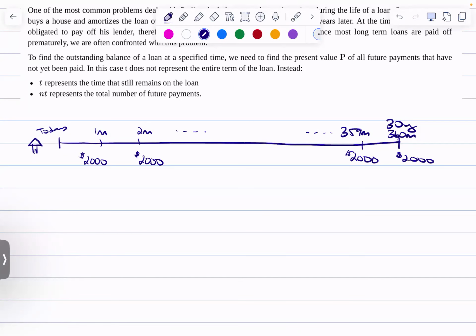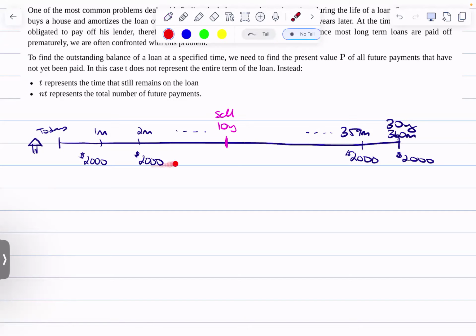So then the scenario is this. What if you decide maybe at the 10-year mark to sell your house? Seems reasonable. You've been there for 10 years and now you're going to sell it and buy something better, bigger, smaller, cuter. I don't know. So then what happens?